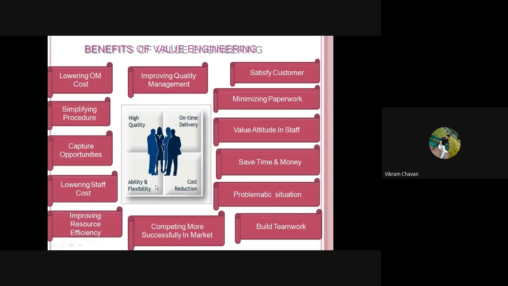Next one, ability to deal with value problems and flexibility to adapt or cope up with the market trends, market situations.